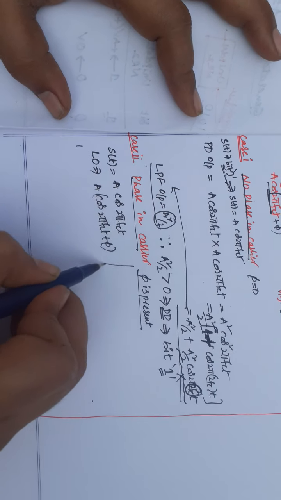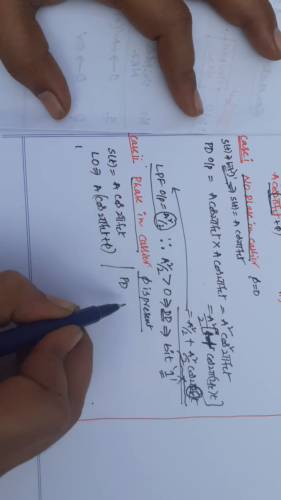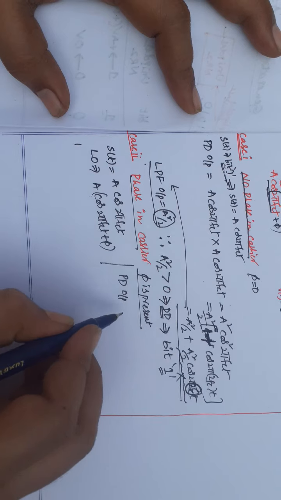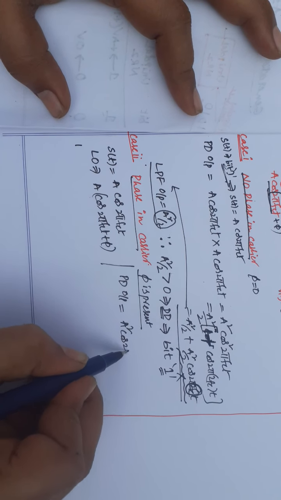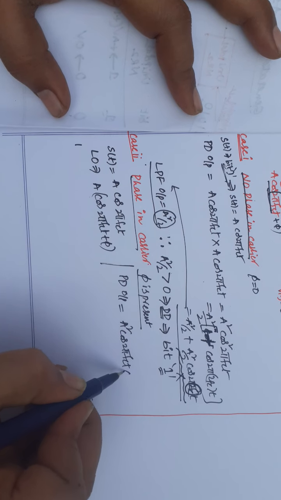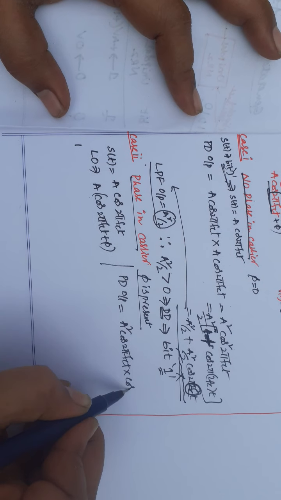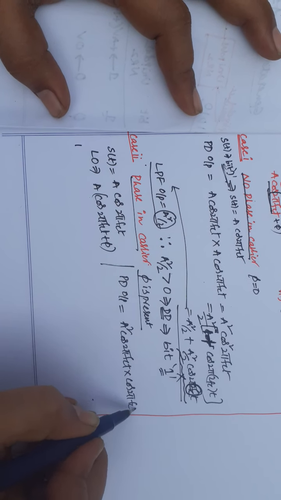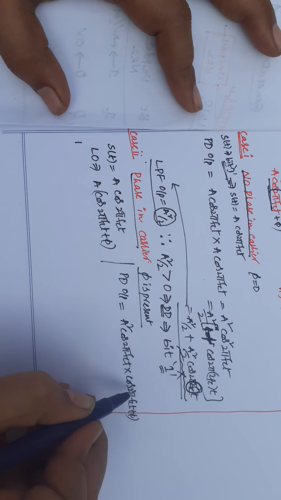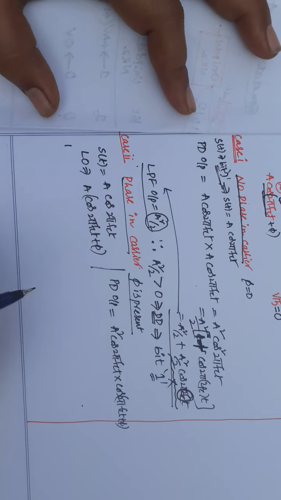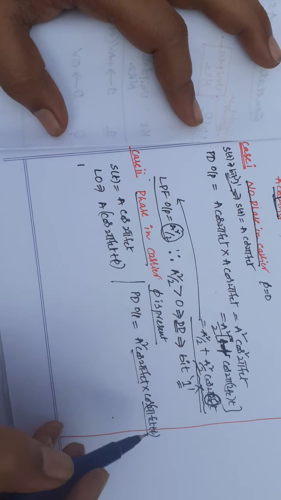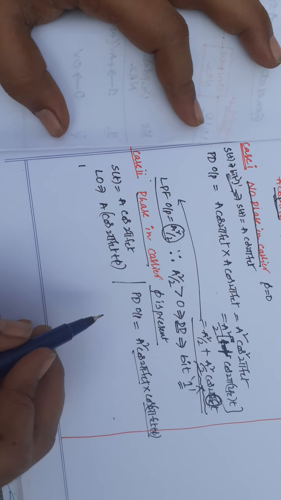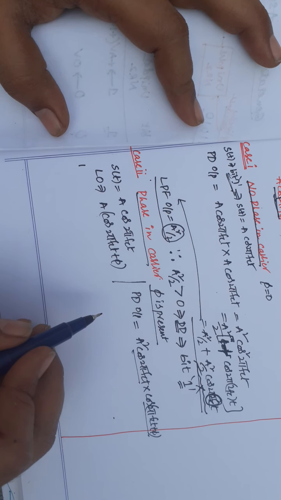The product detector output is A squared cos 2 pi fct into cos 2 pi fct plus pi, right. The resultant, if you see here, cos A cos B is equal to cos A plus B plus cos A minus B by 2.